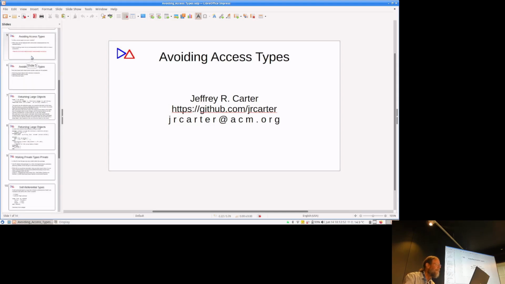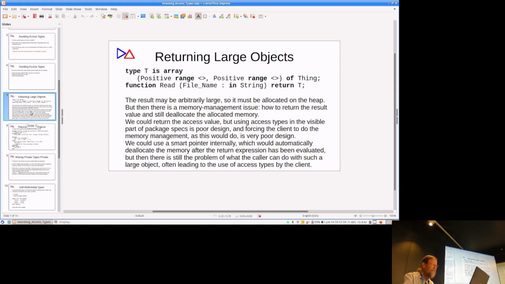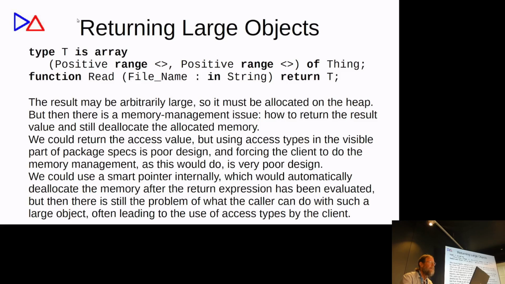In returning large objects, you can use a smart pointer, and then the return expression would return what the smart pointer points to, and then the finalization on the smart pointer would deallocate the allocated memory. That would avoid the problem of using an access type directly within the function.